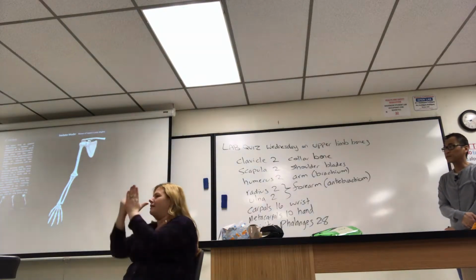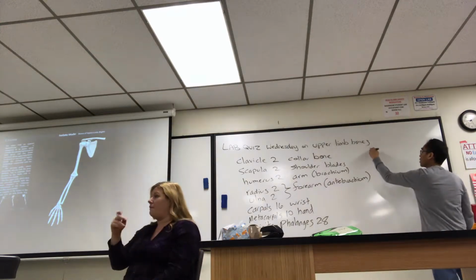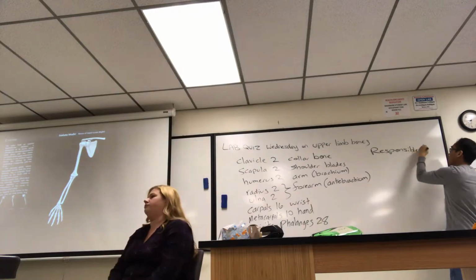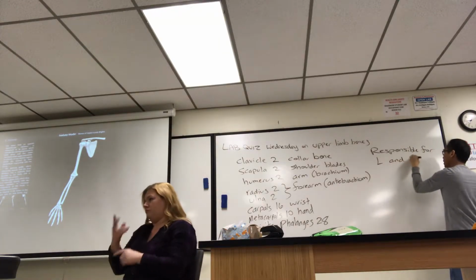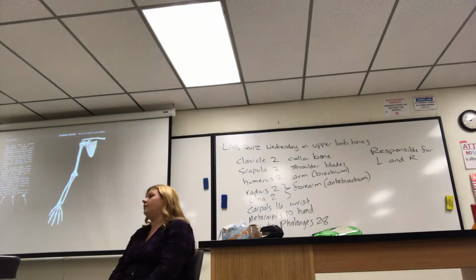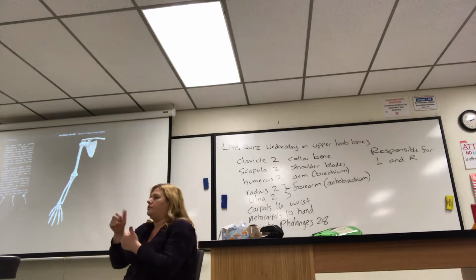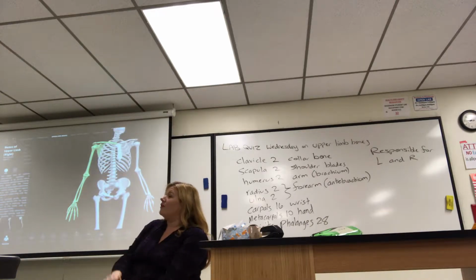When you study bones of the appendicular skeleton, you are responsible for left and right. L and R, as we say it. So for example, okay, left and right. Well, they're the same, aren't they? Well, left and right aren't quite the same, are they? They're mirror images of each other.